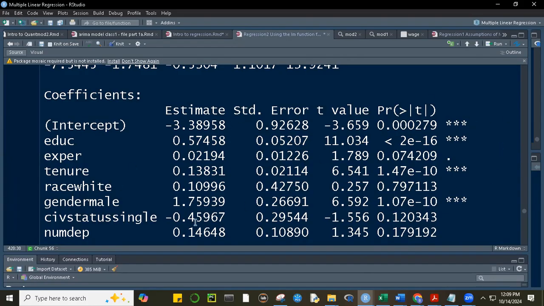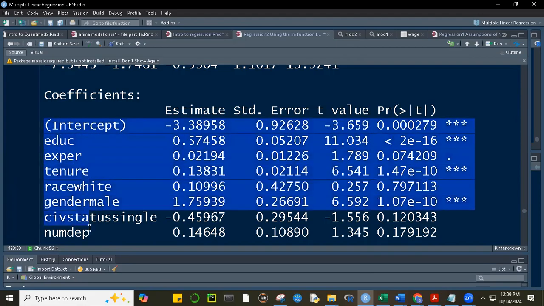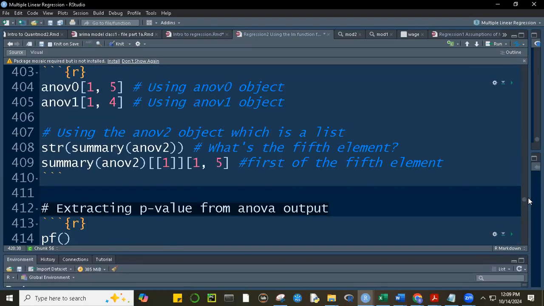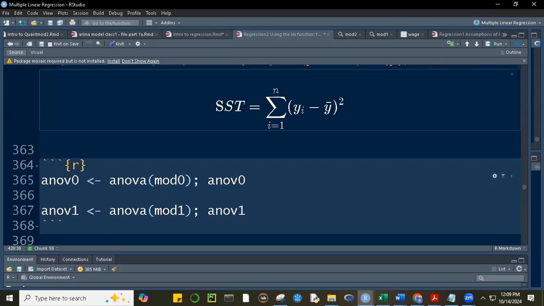So let's take a look at this class, no? All of our variables are here. Education, experience, tenure, race, gender, civil status, and number of dependents. 1, 2, 3, 4, 5, 6, 7. 7 predictors class. Lahat sila andito. Okay, first, tingnan muna natin class. Okay, let's first test.